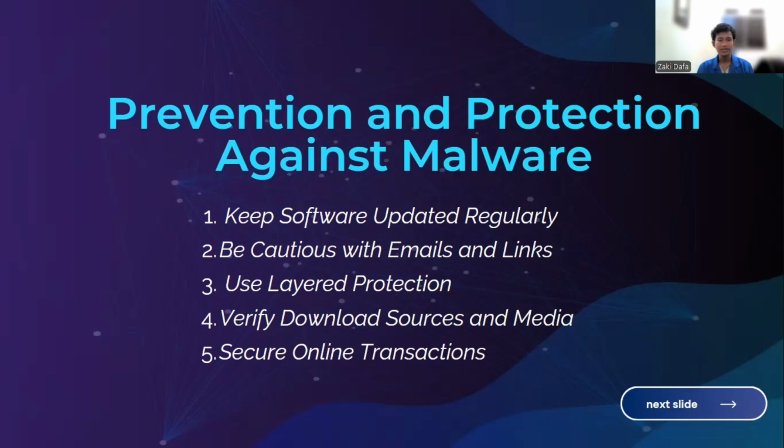All right, the last step is secure online transactions. Ensure all critical transactions like banking and e-commerce are conducted only on websites that use secure encryption like HTTPS or SSL, and avoid sharing personal information or emails with untrusted sites.